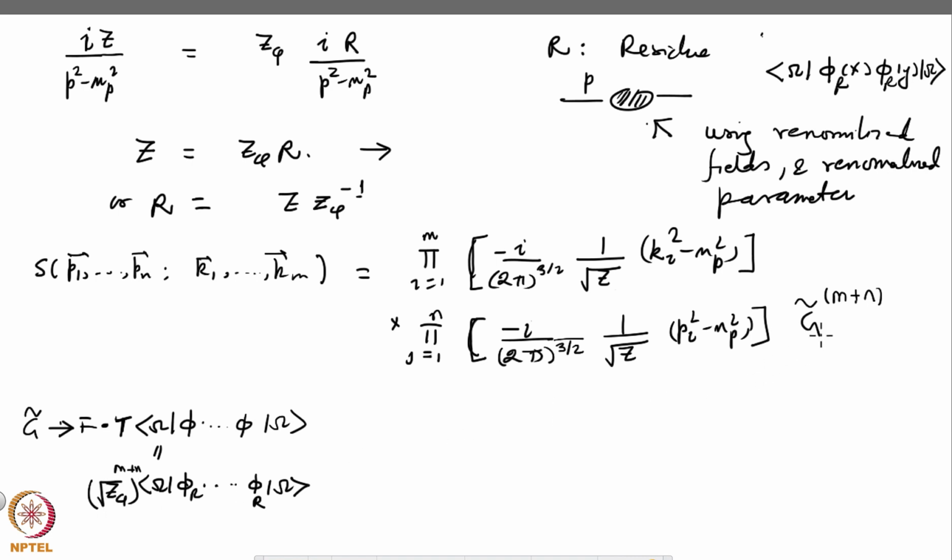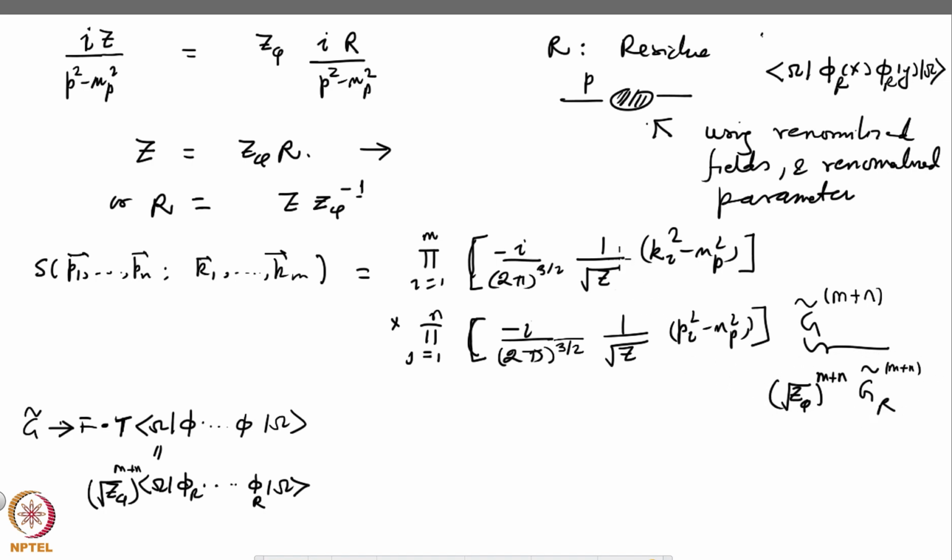Okay, so here if I replace this factor, this will have root z of phi m plus n G tilde m plus n, but the renormalized one.